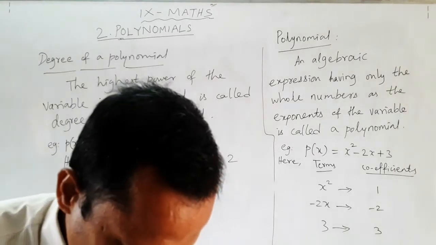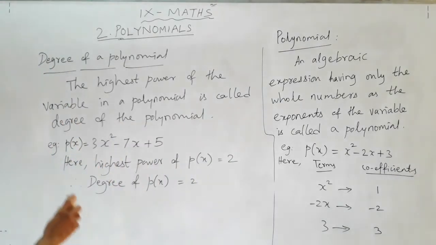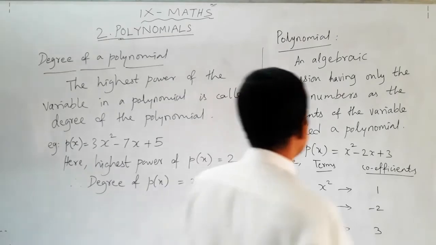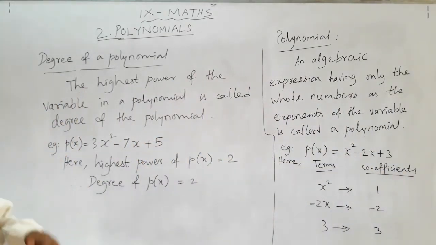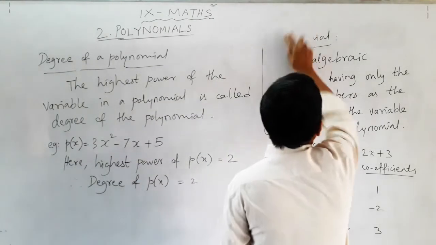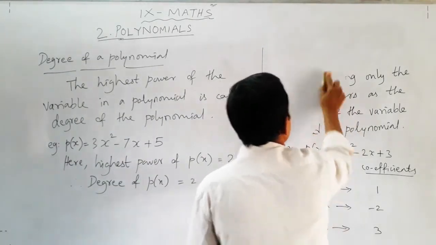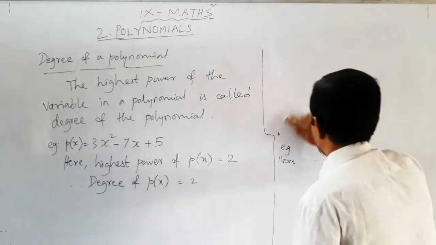So now based on degree we are going to see the different polynomials. Clear? I will say how to classify based on the degree: 1 degree, 2 degree, 3 degree, like that it goes.